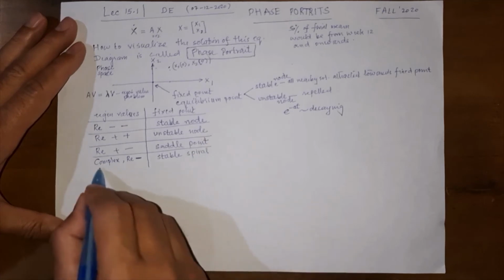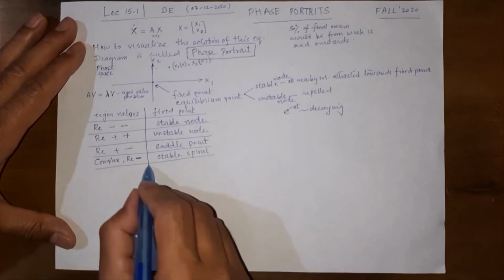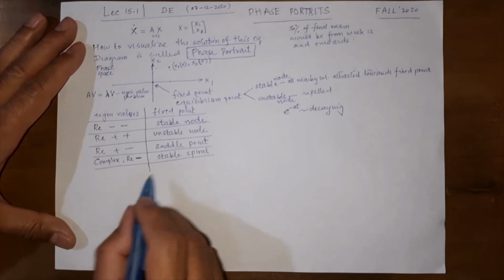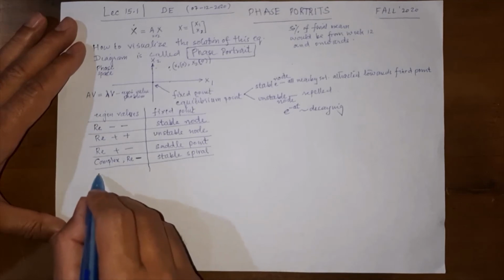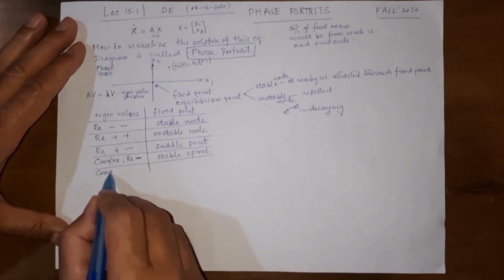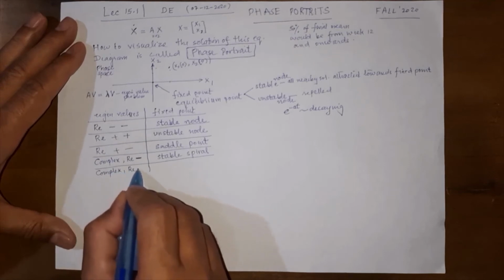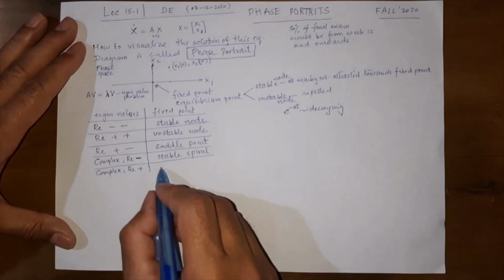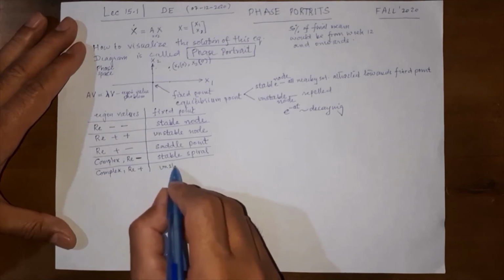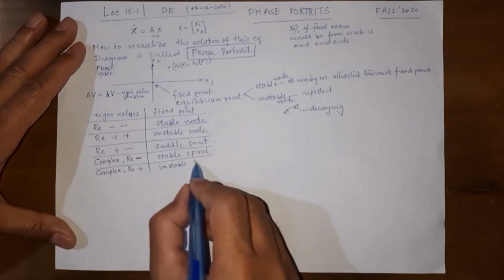We will look at this when we solve an example with a spiral case. And if both the eigenvalues are complex but both have real parts positive, then we are going to have an unstable spiral.